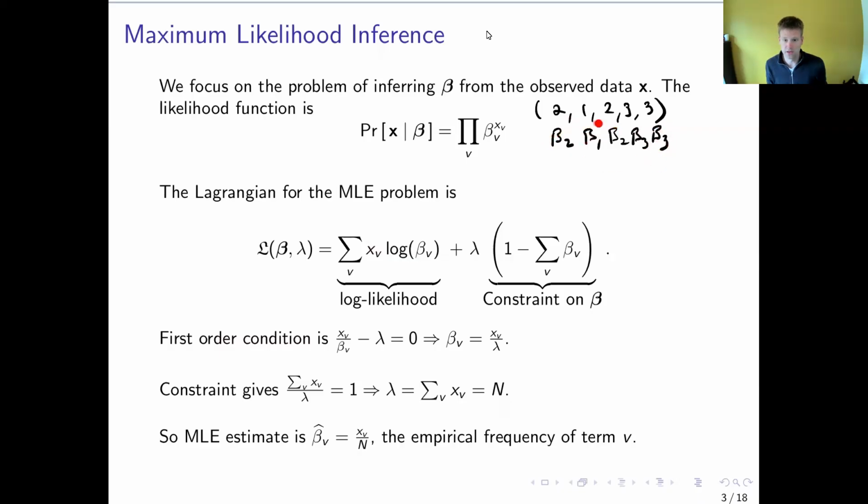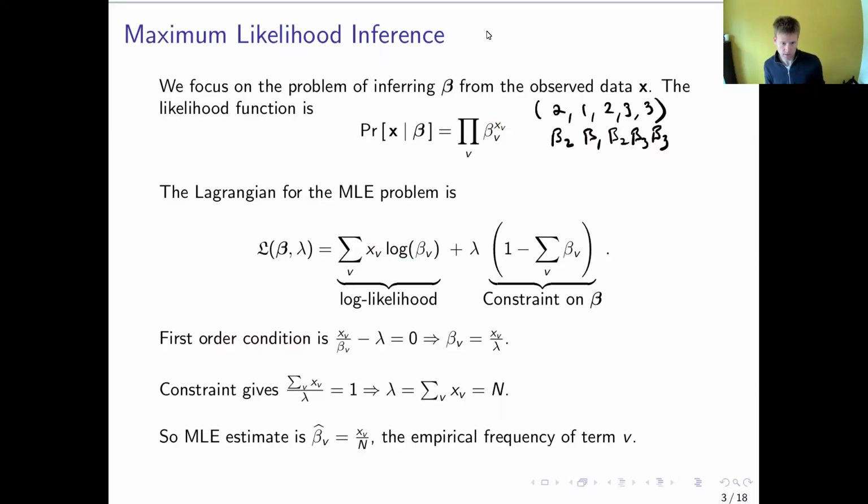I would take the 2 beta 2s together, and that would give me beta 2 squared, and then I have beta 1 by itself. So this likelihood just takes the product over all individual terms. I look at the number of times that those terms appeared in my list, and then I exponentiate the probability of observing that term by the number of times that it is actually in my data set.